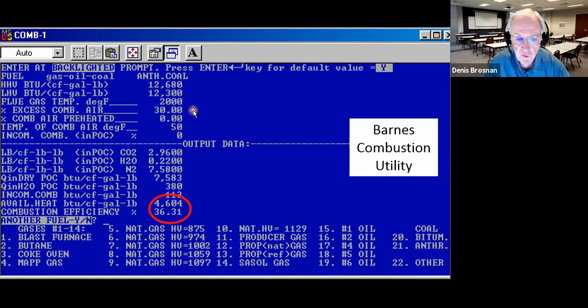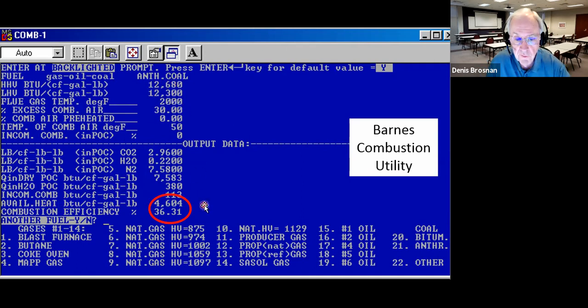And then it went through its calculation. There are some emissions here, but the available heat from the coal was 4,604 BTUs per pound, even though it had a high and low heating value of above 12,000.